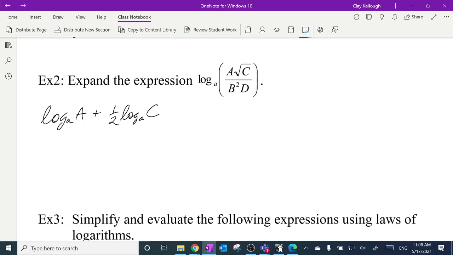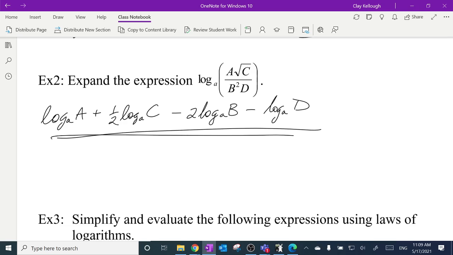And of course, I'm dividing by these two, so that's a minus. There, fully expanded. Take a second and think about how I did that.